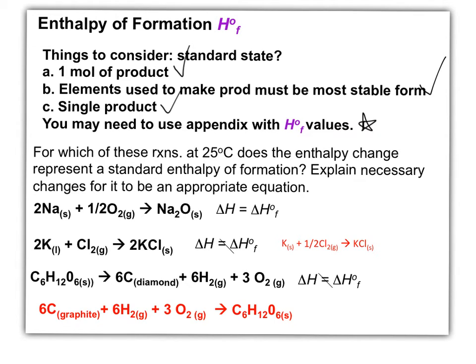So criteria number 2 has been met. Elements being used in this specific reaction are in their most stable form. The third requirement is that a single product is present, and there's only 1 product, so that makes sense.